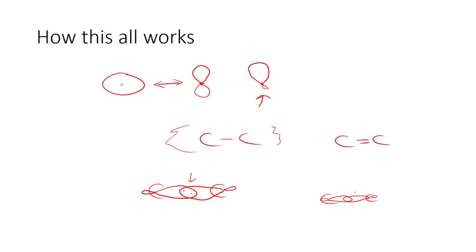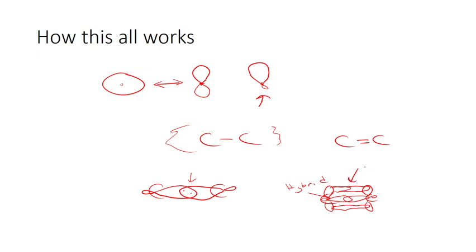Now, if we had a carbon-carbon double bond, we would still have those overlapping hybrid orbitals, but we would have these unhybridized p orbitals. And what happens is these form this bridge above and below our hybrid orbital.